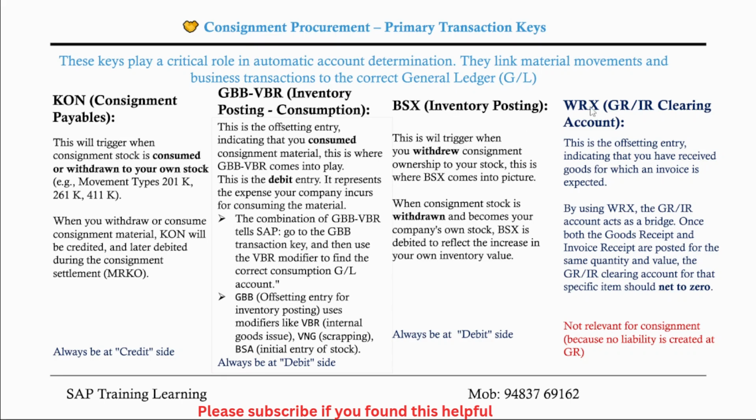That time, this is the offsetting entry, which will be credited to settle, to pay the vendor invoice. You have received the goods into your stock, and you also have to pay for that because the stock has become yours. You're liable to pay the vendor. That time, the WRX account will come into the picture. Remember these four transaction keys, okay?